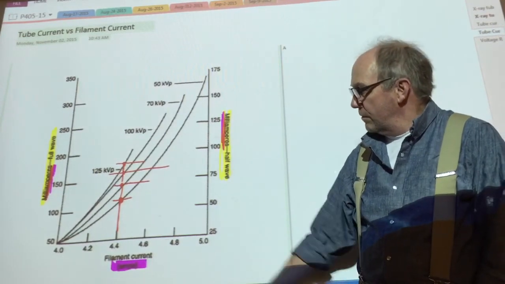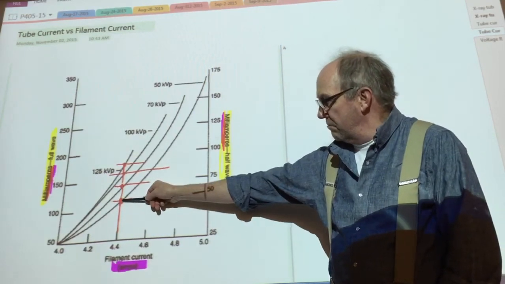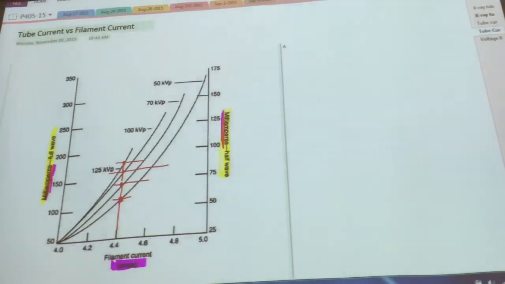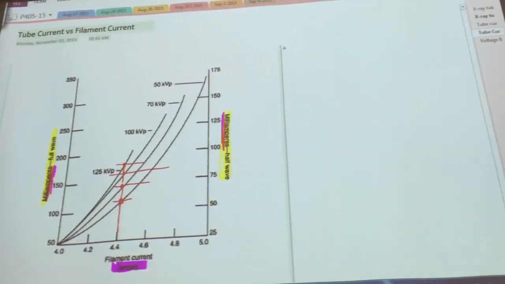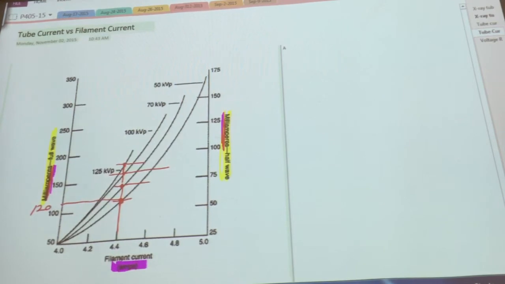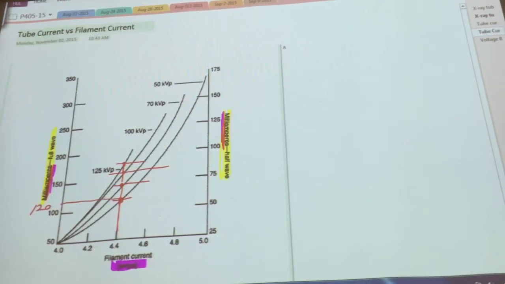130, 40. I would call it 120. Milliamps. So if we call that 120, 120 what? Milliamps. Amps, half full wave.